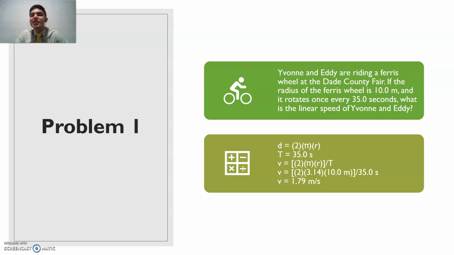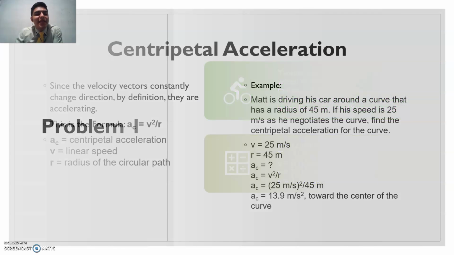After you substitute the values that you have in the equation, you are going to find out that the velocity of the Ferris wheel is going to be 1.79 meters per second. All right, so let's continue.